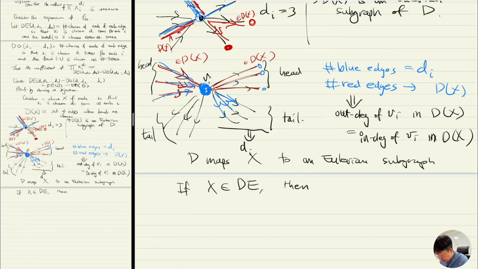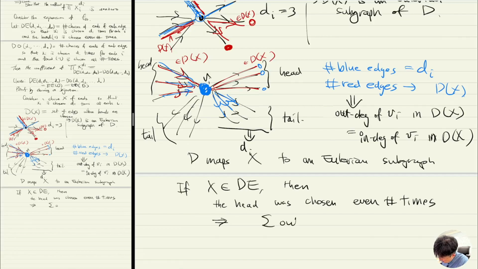That means the head was chosen an even number of times.